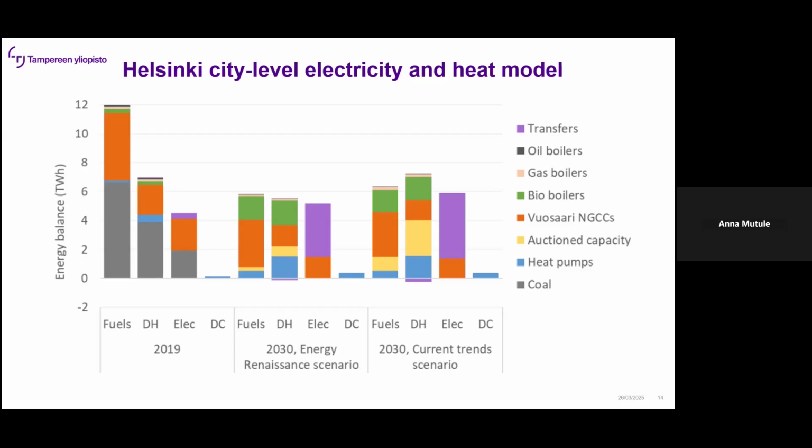In this case, up to 400 megawatts of new capacity would be needed by 2029, plus another 100 megawatts by 2035. In both scenarios, heat pumps using ambient and excess heat sources emerge as a dominant new technology.